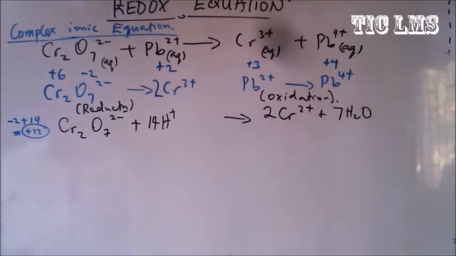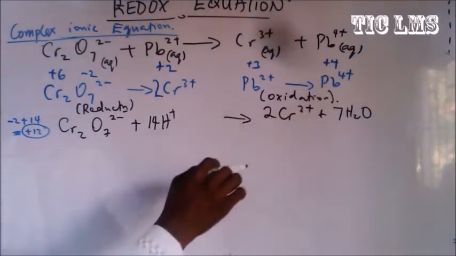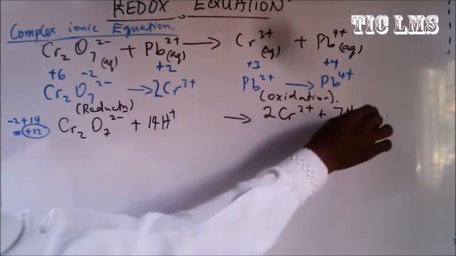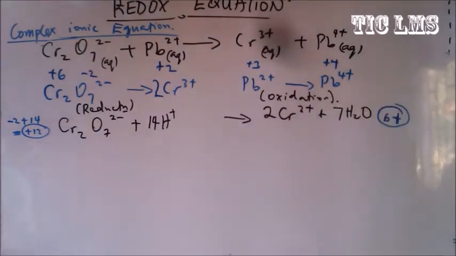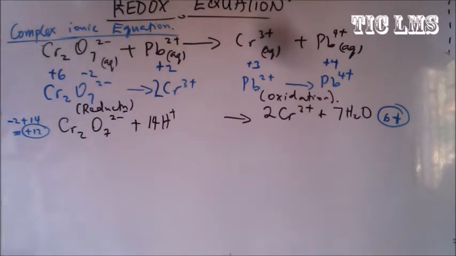While on the product side, we have 3 plus multiplied by 2. So we have 6 plus over there. Hence, for us to have an equal number of ion on both sides, what we need to do is to introduce some electron. And that means that we'll introduce 6 electron.